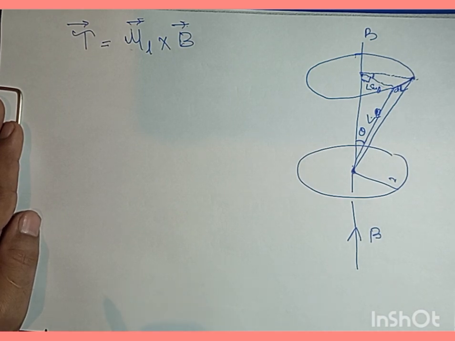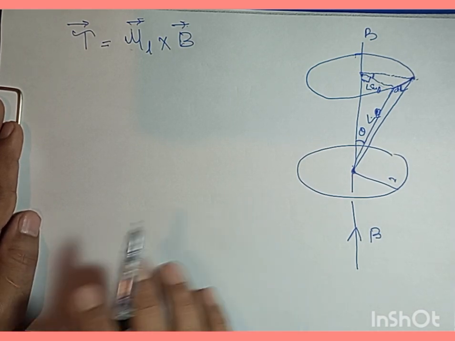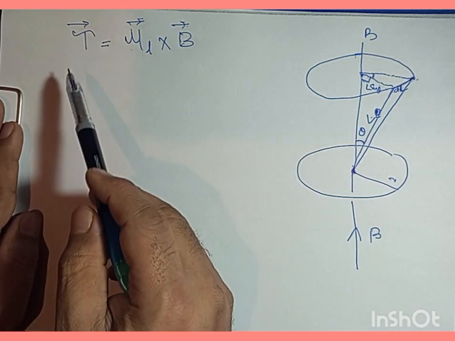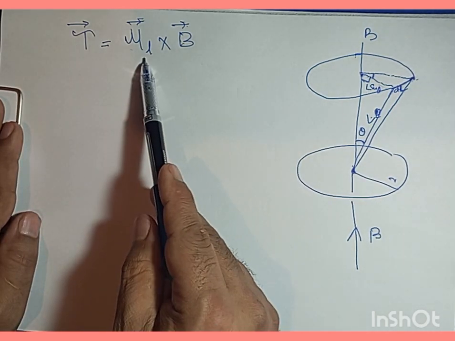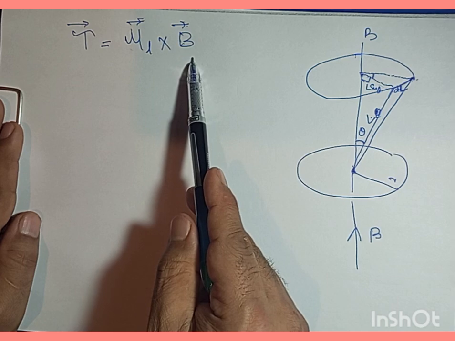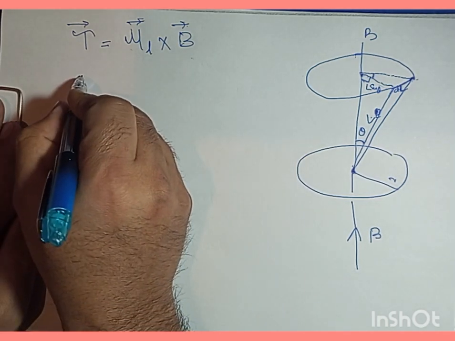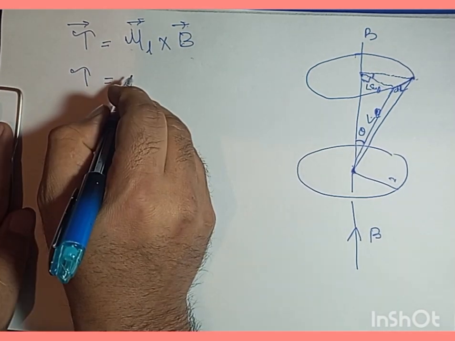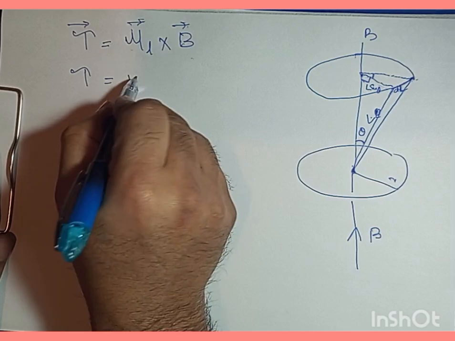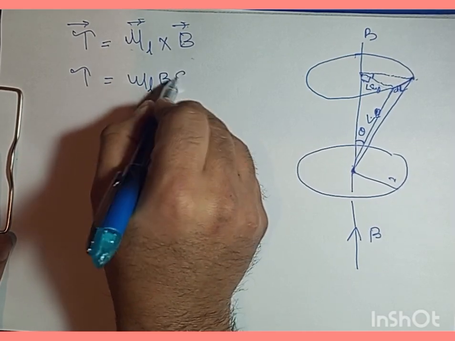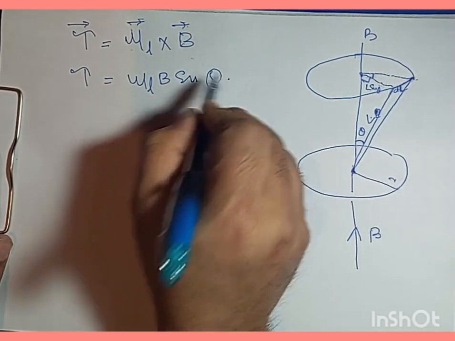Now, if I write down the magnitude of this torque, from the vector point of view, it's quite clear that this torque is perpendicular to the plane of mu L and the magnetic field. So the magnitude of this torque will come out to be mu L B sine theta.